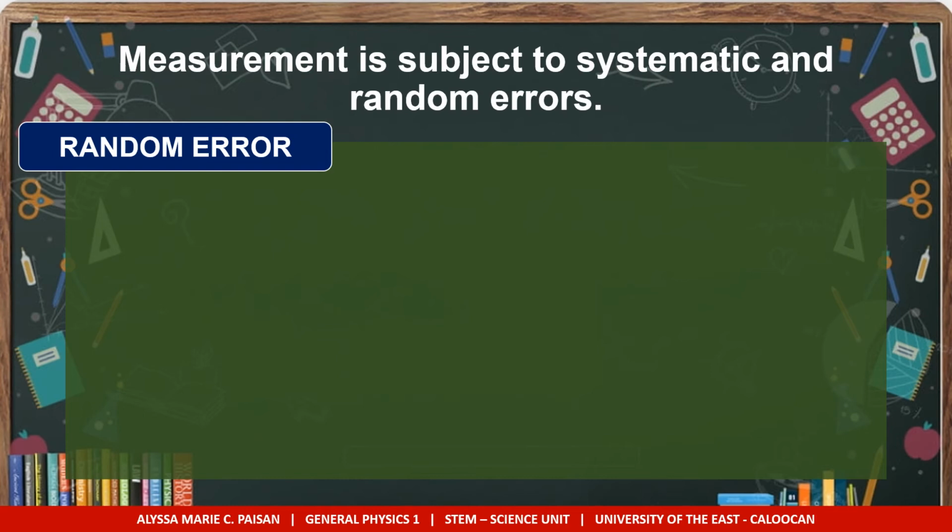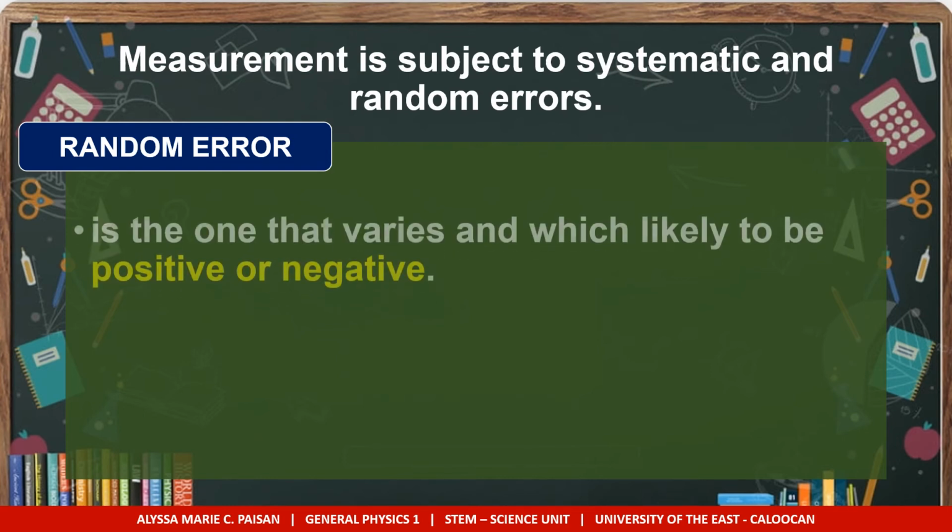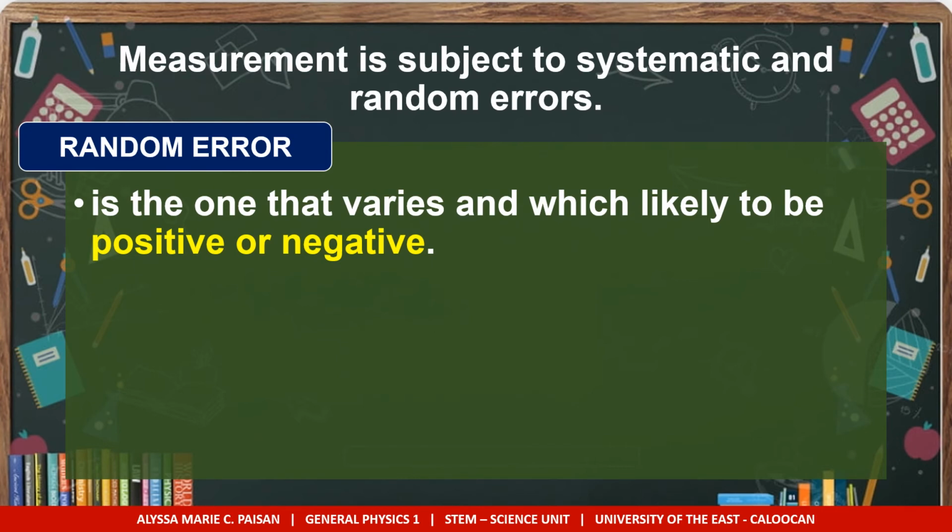Okay, now let's proceed with random error. When we say random error, these are the ones that vary and are likely to be positive or negative, meaning it can be an increase in the measurement. For example, you measure the length and at first you measured, and then it increased from the first measurement, and then on your third measurement it decreases at a different number, and then you measure it again.